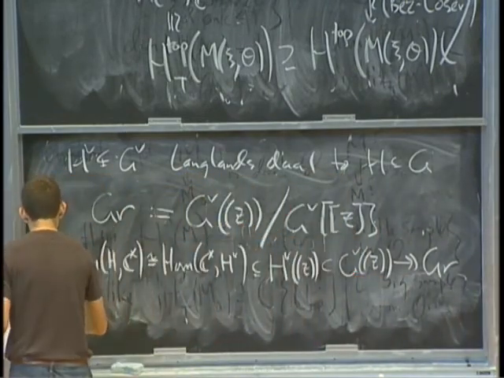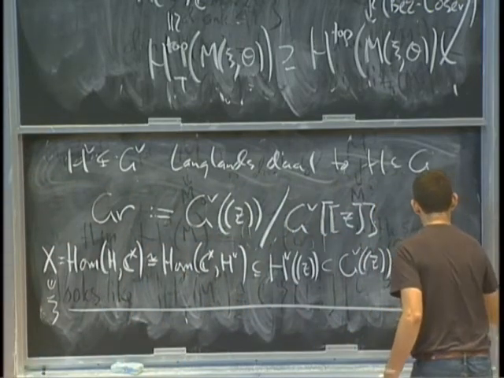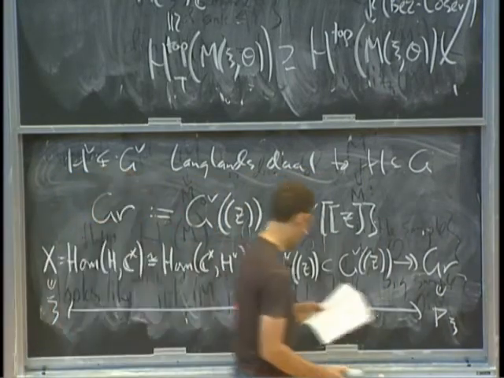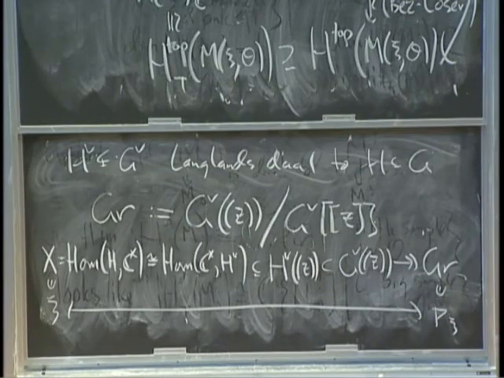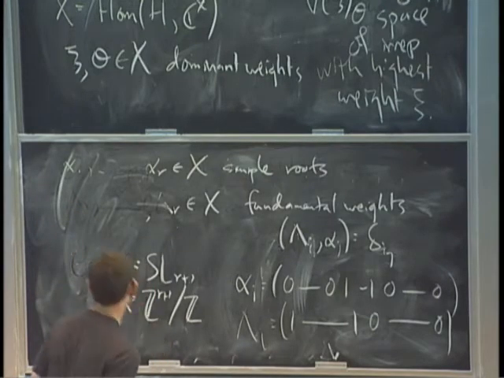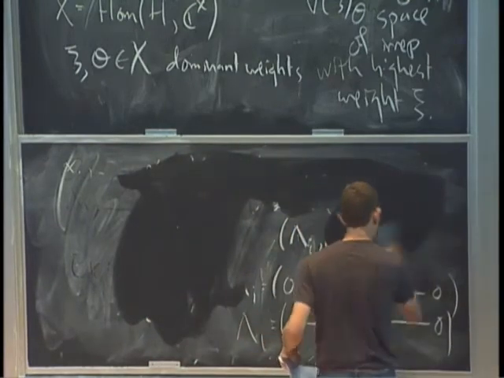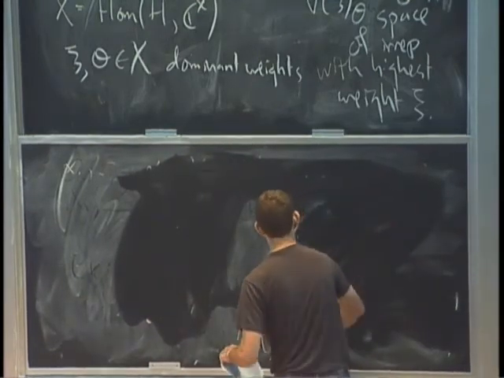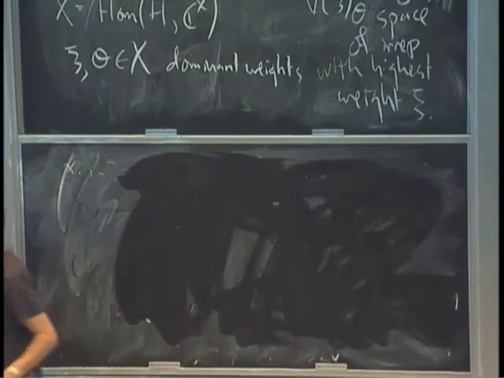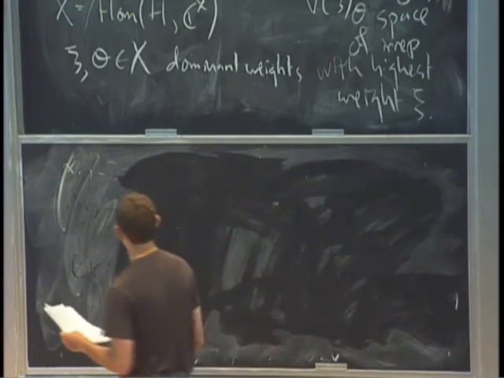So an element ξ over here, I'm going to call p_ξ over here. Okay, so this is not just some random subset of Gr. It's actually the fixed point set for the action of H check. So let me explain that.